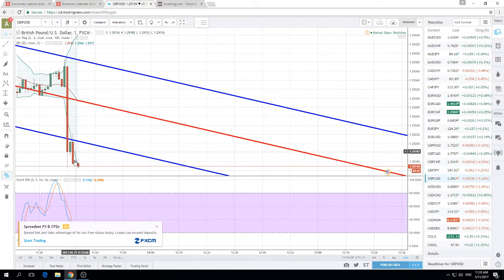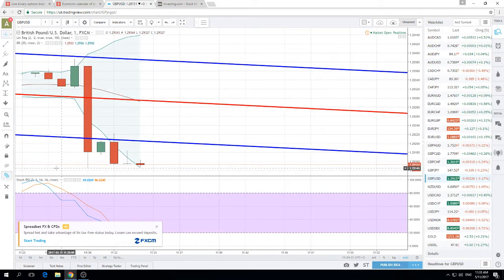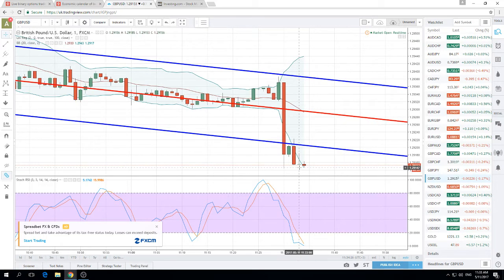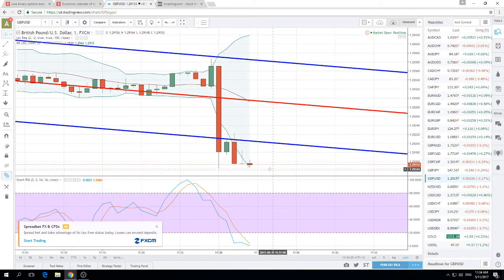So here we see the doji that appeared. It tells about the uncertainty of the market. Well, there is some probability of the continuation, at least for a bit, of the negative movement for the British pound.